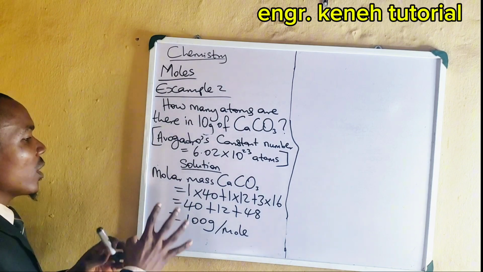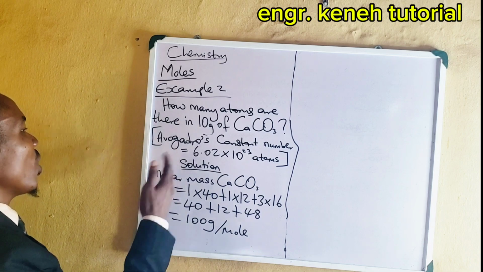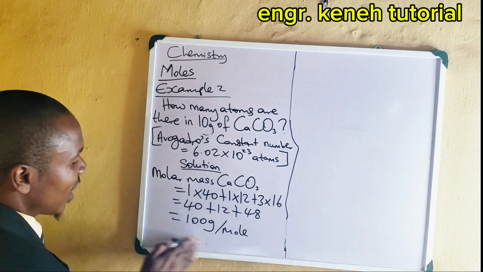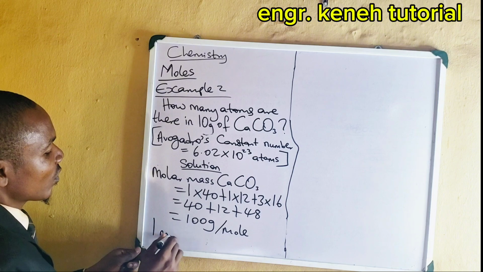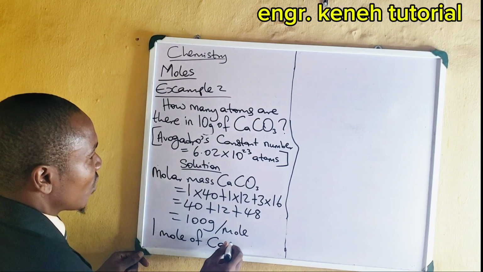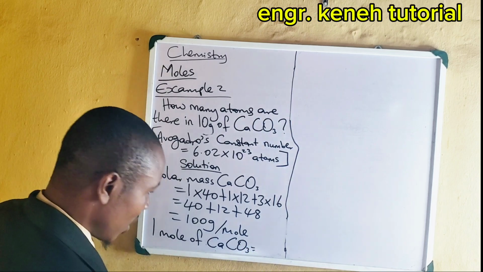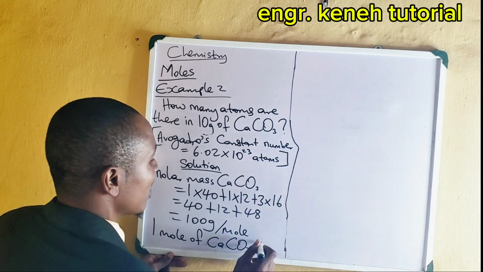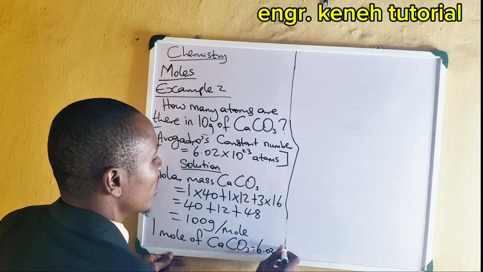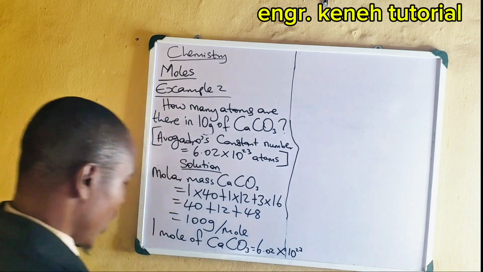So 1 mole of calcium trioxocarbonate(IV) will also contain this. So we have that 1 mole of calcium trioxocarbonate(IV) will contain 6.02 times 10 raised to power 23. Can you see that? All right.